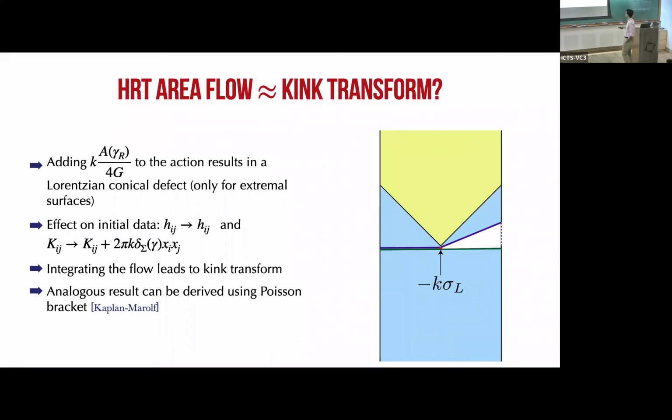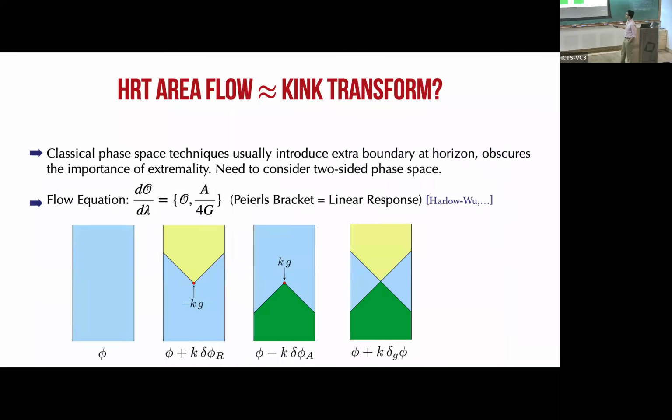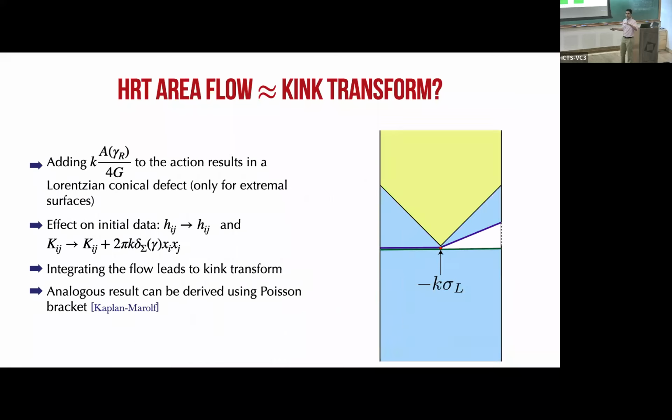Now, using this, it's straightforward to read out the kink transformation. Here we want to look at the flow equation for the data on a particular Cauchy slice, so we just look at the effect on the initial data.